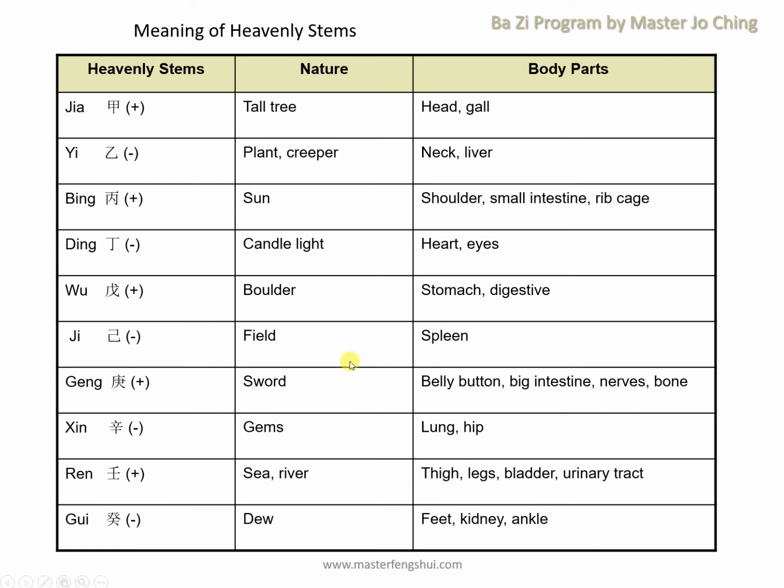All right, and the body parts here are also always mentioned in basic BaZi textbooks. So these are their associations. Usually, TCM, the traditional Chinese medicine, and BaZi all belong to the umbrella of the 5 arts.